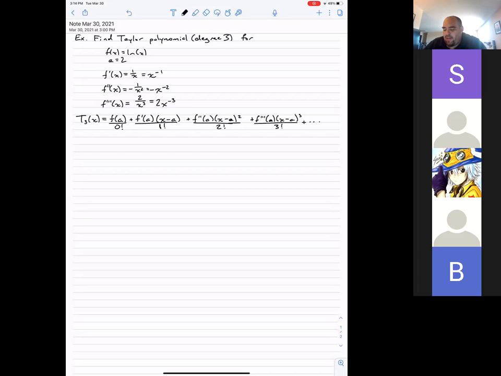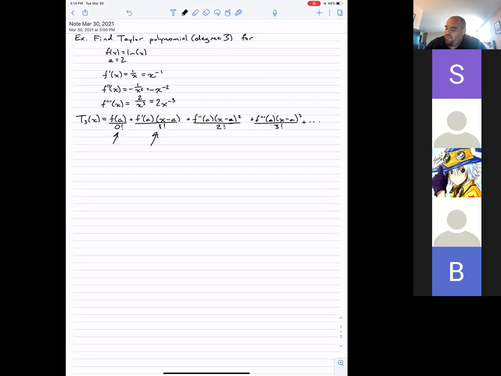I'm not going to go through it again unless some of you really want me to, but think about what happens if you take the derivative of this function. Basically, the first derivative is going to make this term vanish. Then the second derivative is going to make this term vanish.